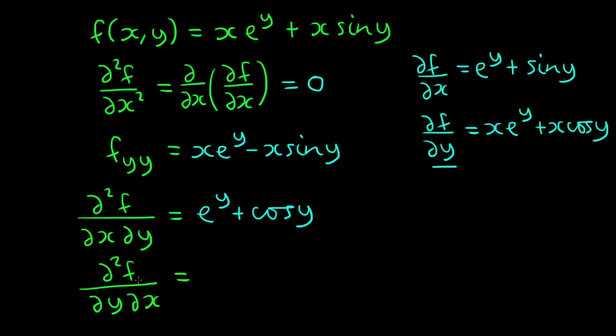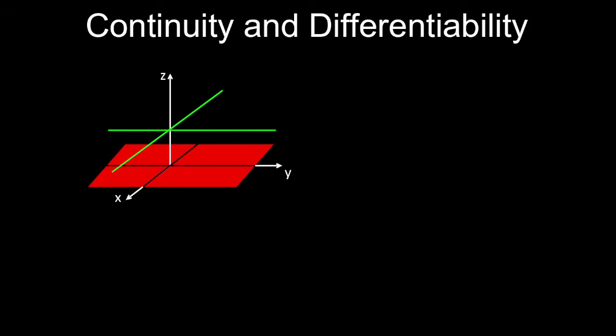Well, in this case, we differentiate f with respect to x first, which we've done here, and then differentiate with respect to y. So that gives e to the y plus cosine y. And we'll see why these are equal in this case when we look at the mixed derivative theorem.